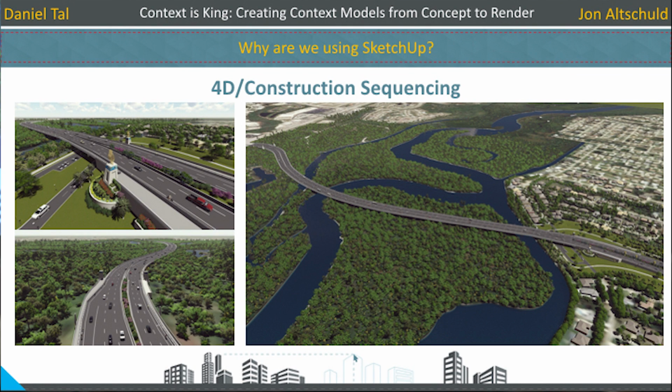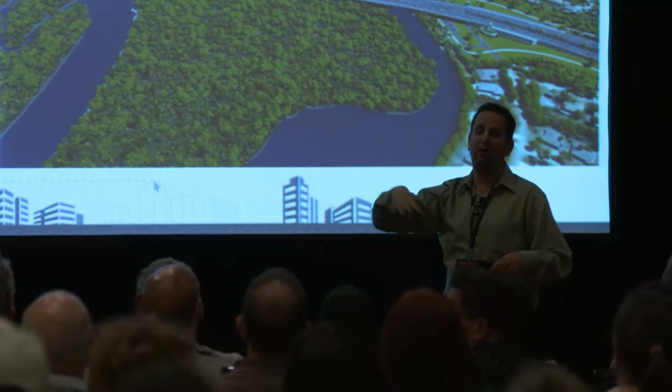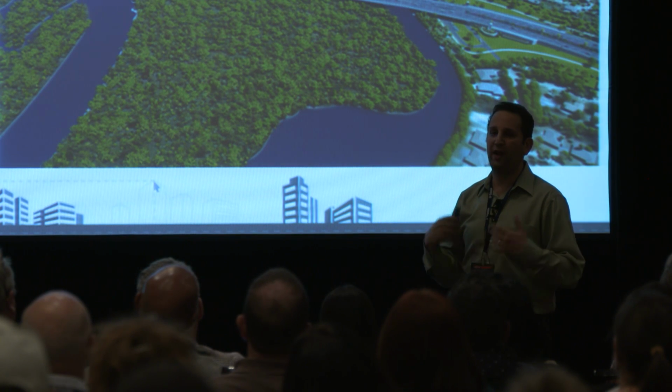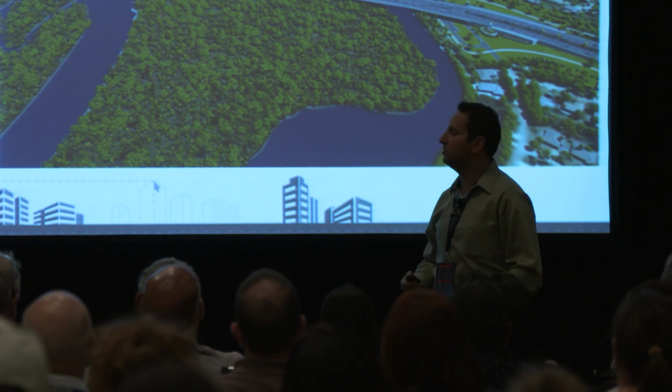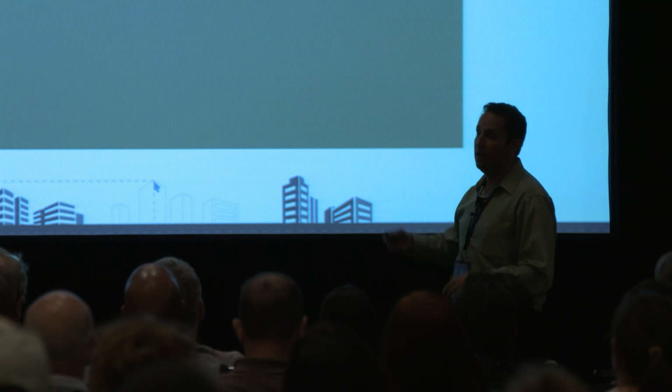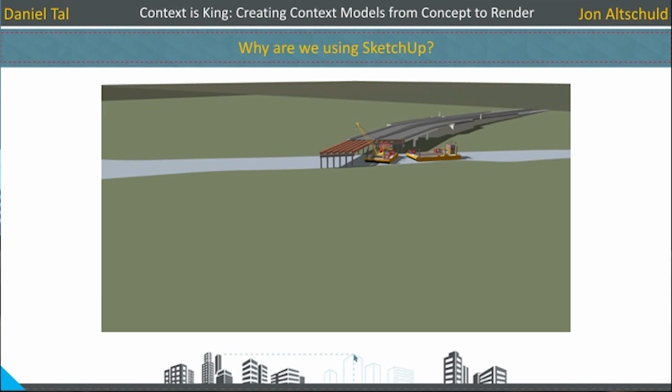Any Lumion users in here? Yeah, so you guys understand. If you're not using Lumion, it's great. We also are really looking into V-Ray and other programs, so not to say we're exclusive to one particular program. We're going to go through the intimate part of how to build these context models, but it's what we get to do with it after we build it and break down the model.